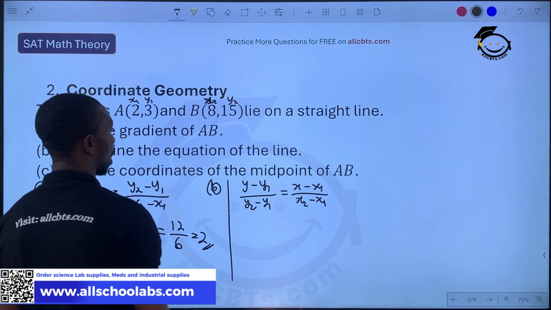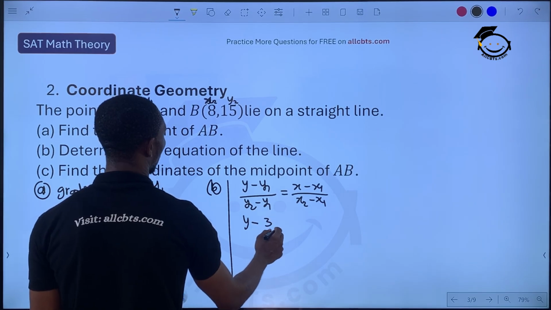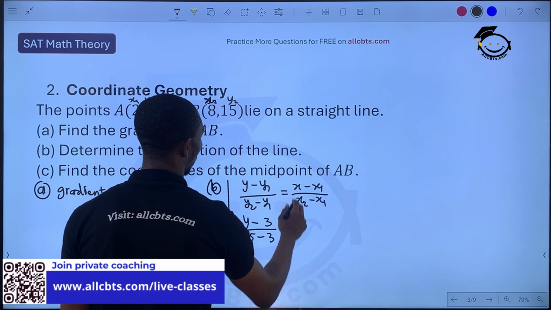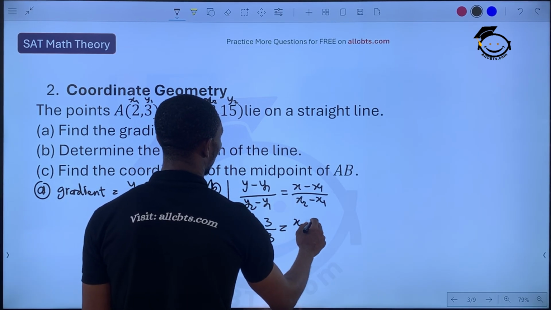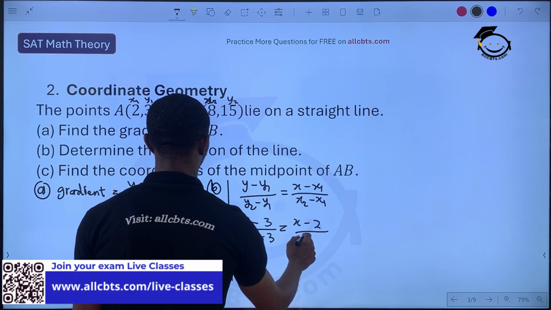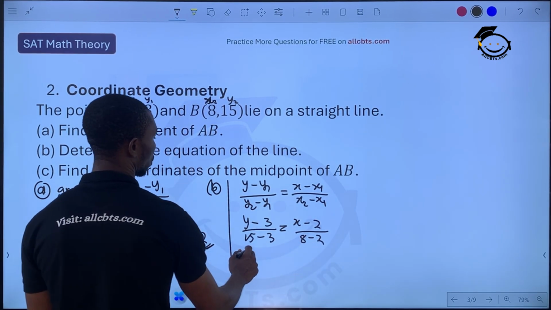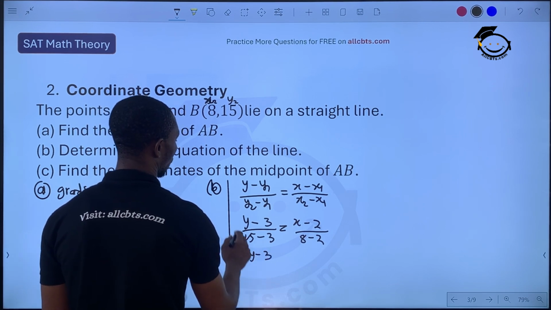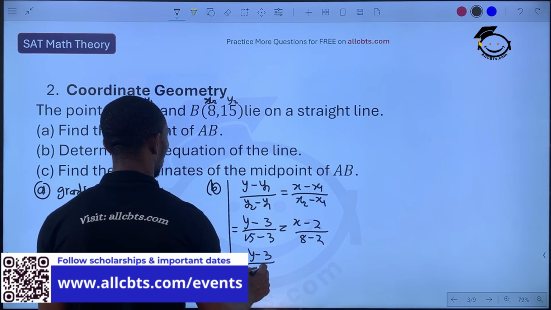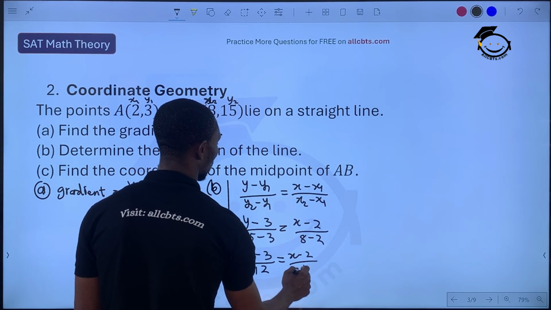So now y minus 3 all over 15 minus 3 equals x minus 2 all over 8 minus 2. This gives us y minus 3 over 12 equals x minus 2 over 6.